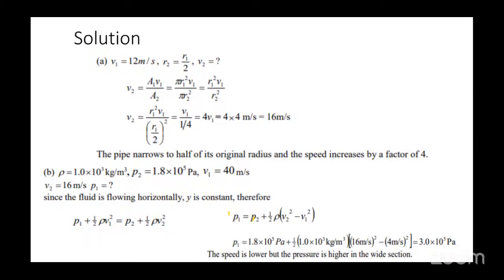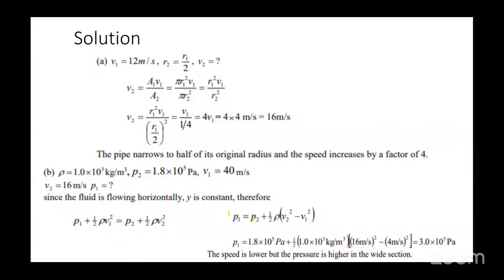We are asked to find the pressure P1. P2 is known, which is 1.8 times 10 raised to 5 Pascal. We substitute in the values. Since the fluid is water, the density is 1,000.